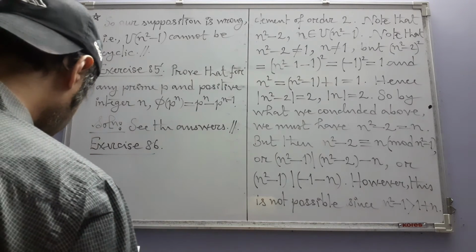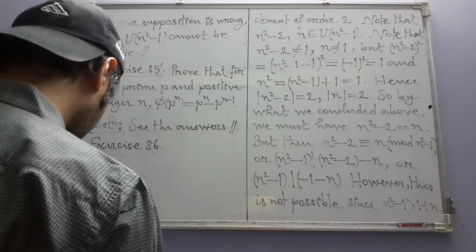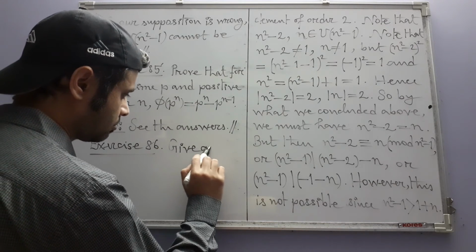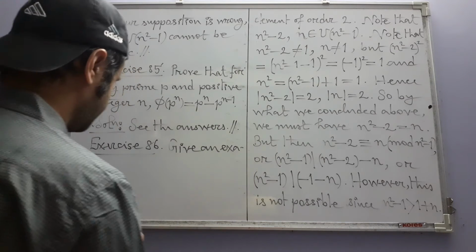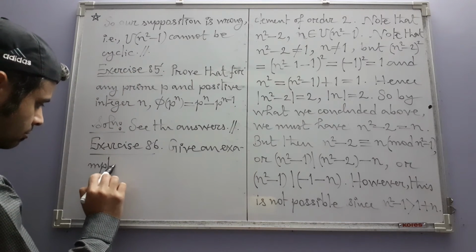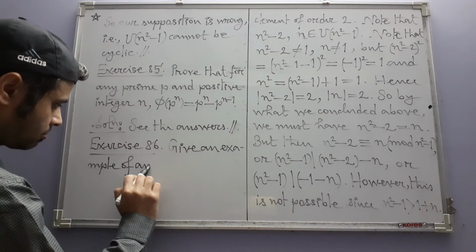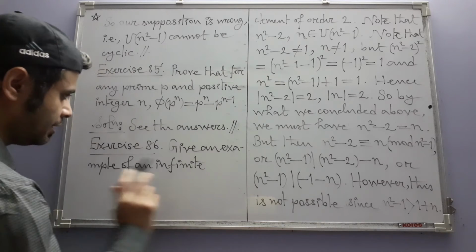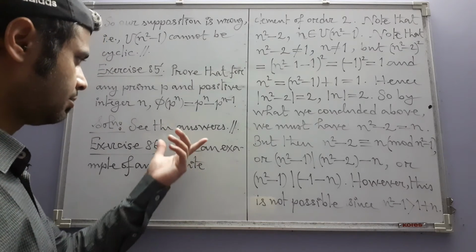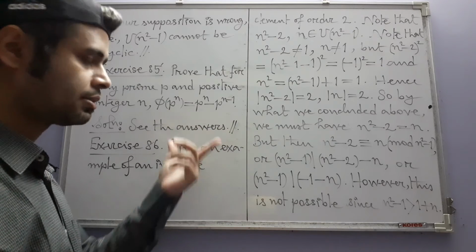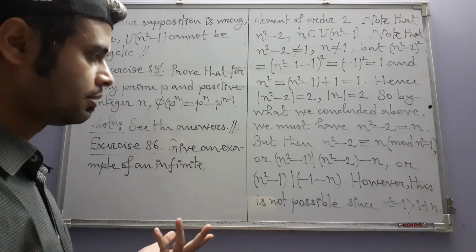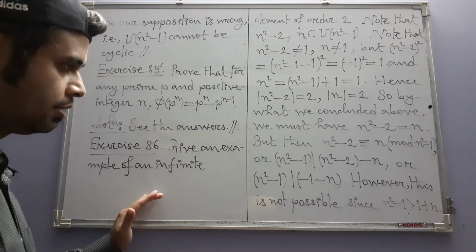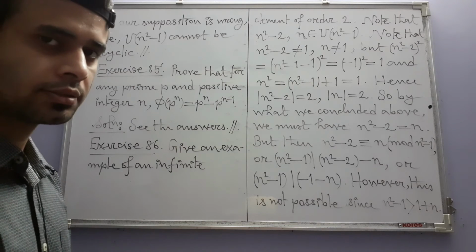The next exercise, 86. Give an example in this respect. In terms of having such a section named answers, Gallian's book is a little unusual, because at this level usually books don't have any answers.